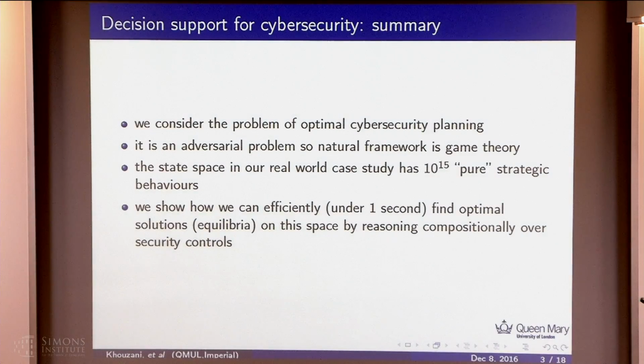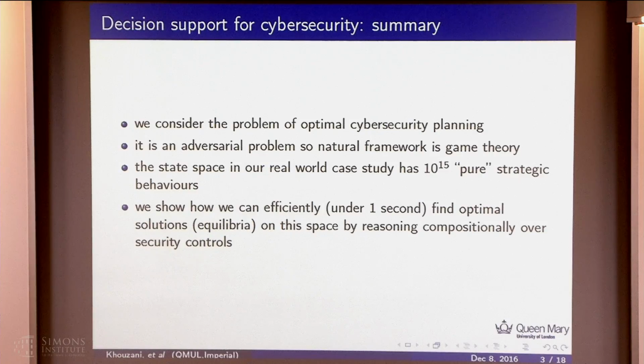And there is compositionality here, so it's essential to get what you just saw. That's what I'm trying to explain. So, an abstract. Our problem is to consider optimal cybersecurity planning, so it's decision support for cybersecurity. It is an adversarial problem, so there is a defender and someone that wants to be bad. So the natural mathematics of adversarial modeling is game theory, and that is essentially our framework.